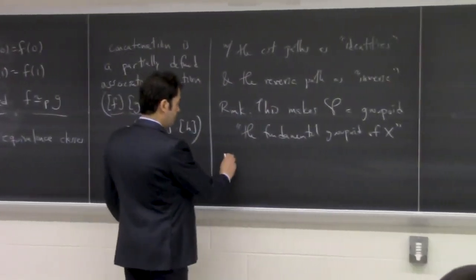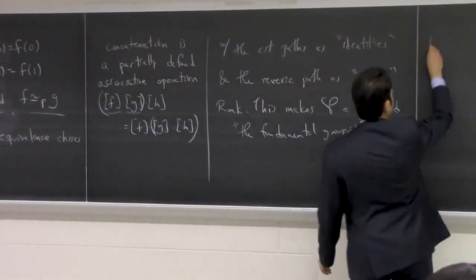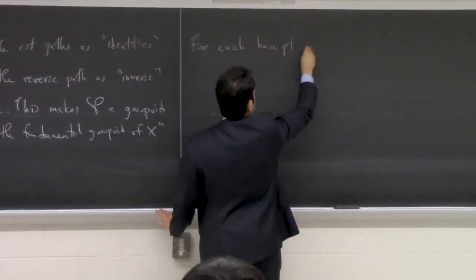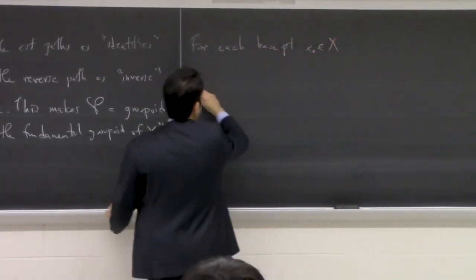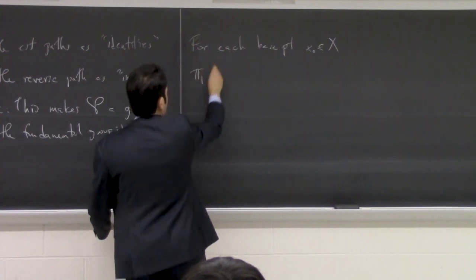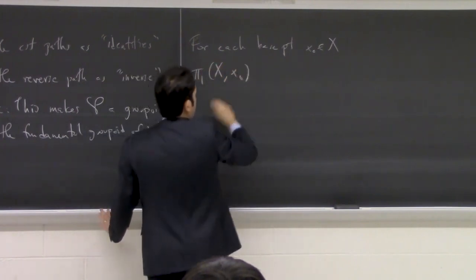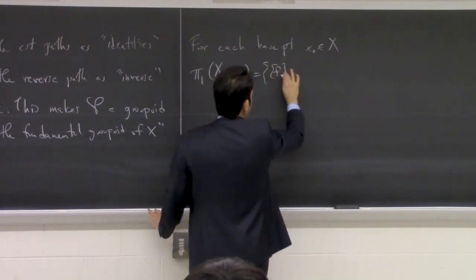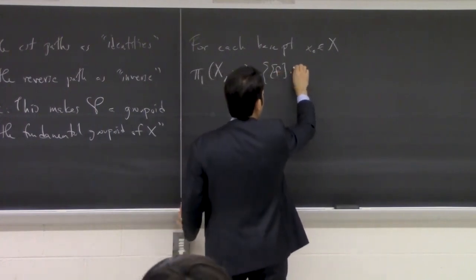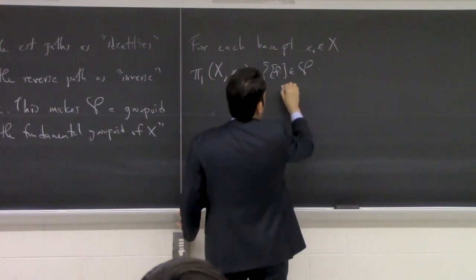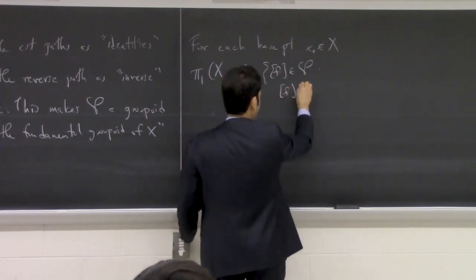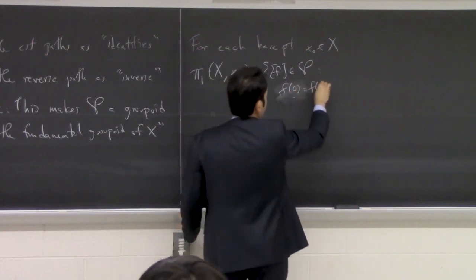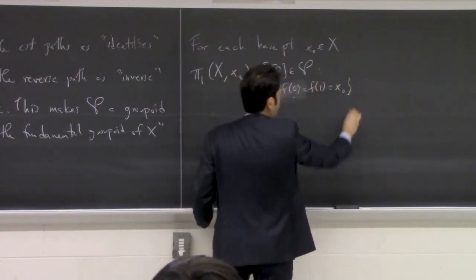What we do is for each base point, we have pi1 of x naught, which is just the homotopy classes of paths whose endpoints are both equal to x naught.